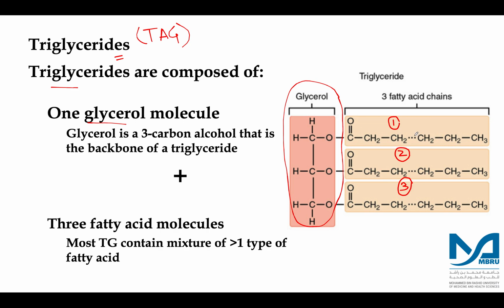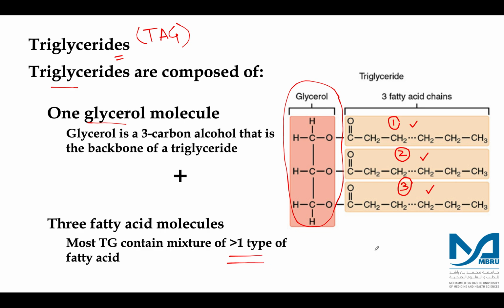Similarly, fatty acid 1 can be a short chain fatty acid, whereas fatty acid 2 can be a long chain fatty acid, whereas fatty acid 3 may be a medium chain length fatty acid.